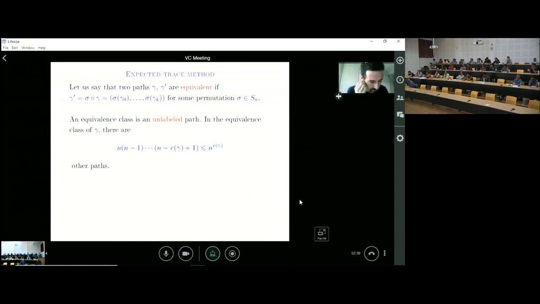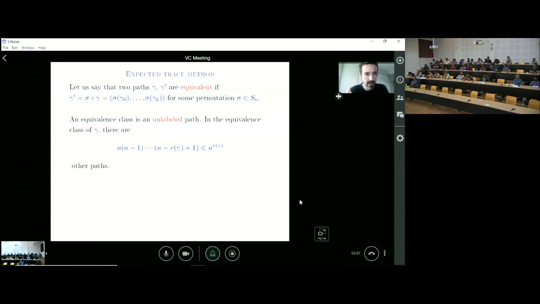Now we have to order the set of all closed paths. For that, we introduce a natural equivalence relation between paths. We say that two paths are equivalent if they are the same up to a global permutation of the indices.